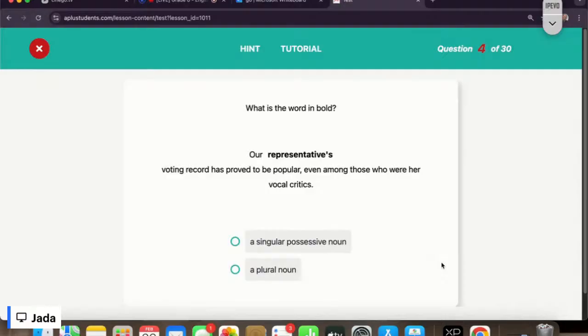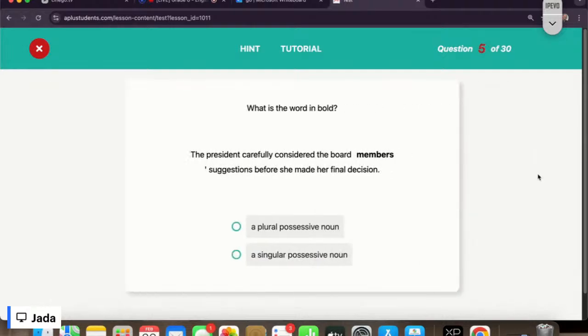So is this singular possessive or plural noun? Okay, so we have a singular possessive noun.